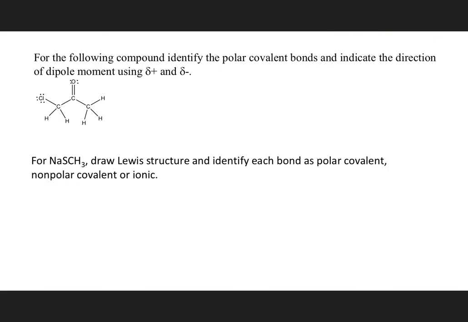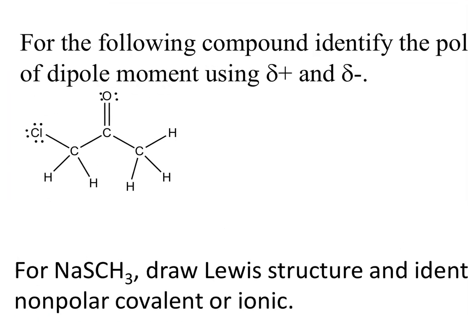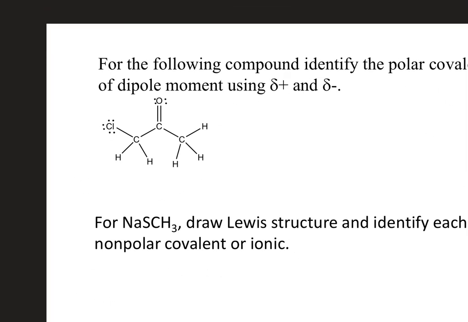For the following compound, identify the polar covalent bonds and indicate the direction of the dipole moment using partial positives and partial negatives. Well, again, we have chlorine with an electronegativity of 3.16. We have carbon with 2.55. Hydrogen's 2.20.